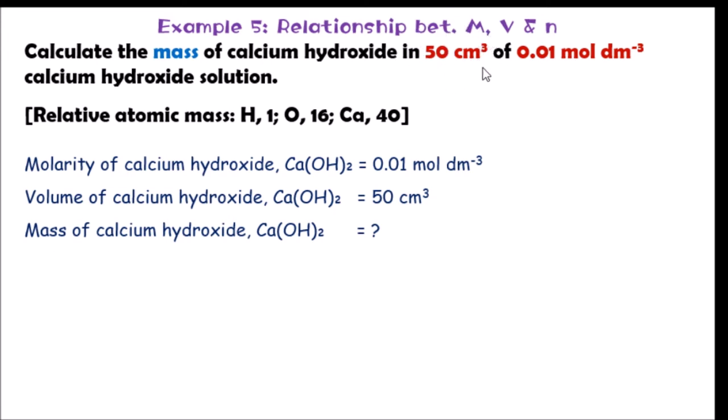And the question asks you to find the mass of calcium hydroxide. Usually the question will not give you the formula, so you need to know that the formula for calcium hydroxide is Ca(OH)2.